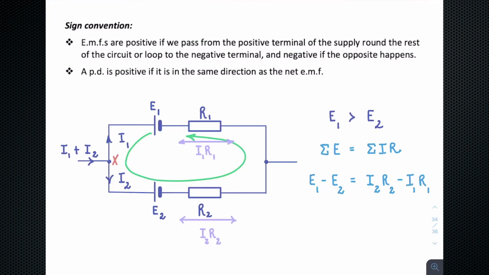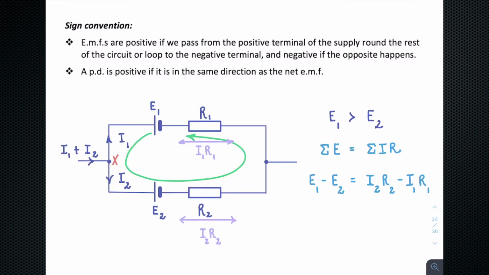Now, with regard to PDs, the sum of IRs. So we have I1 R1 across R1. It's the product of the current through it times the resistance. And similarly, we have I2 R2 across R2. How are we going to decide whether these are positive or negative?